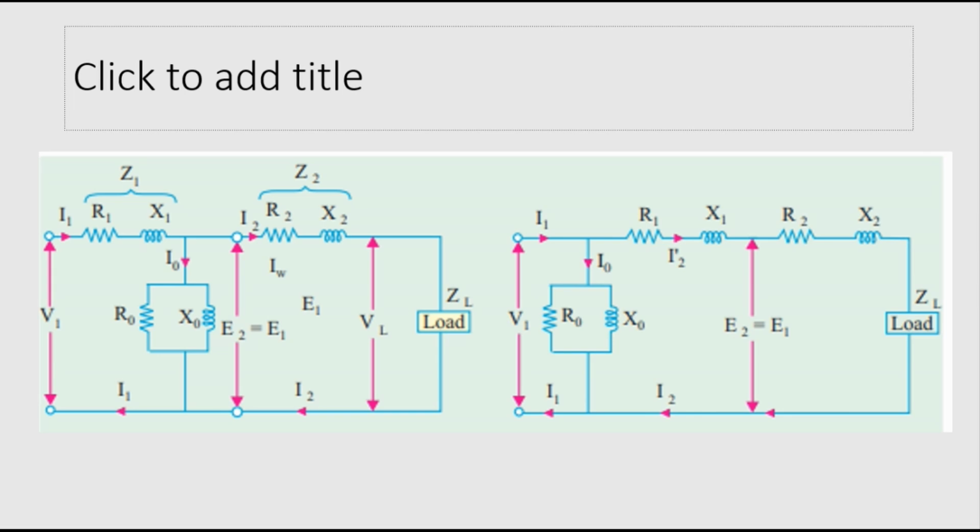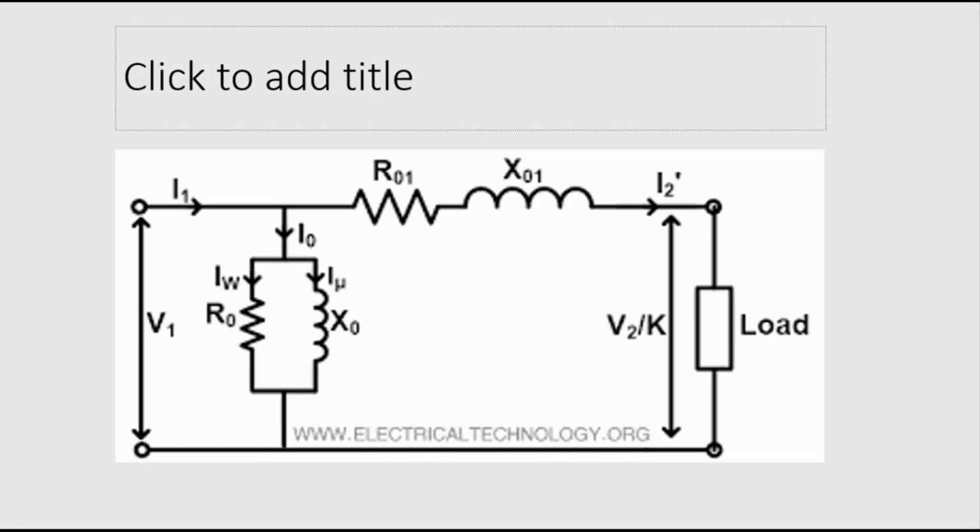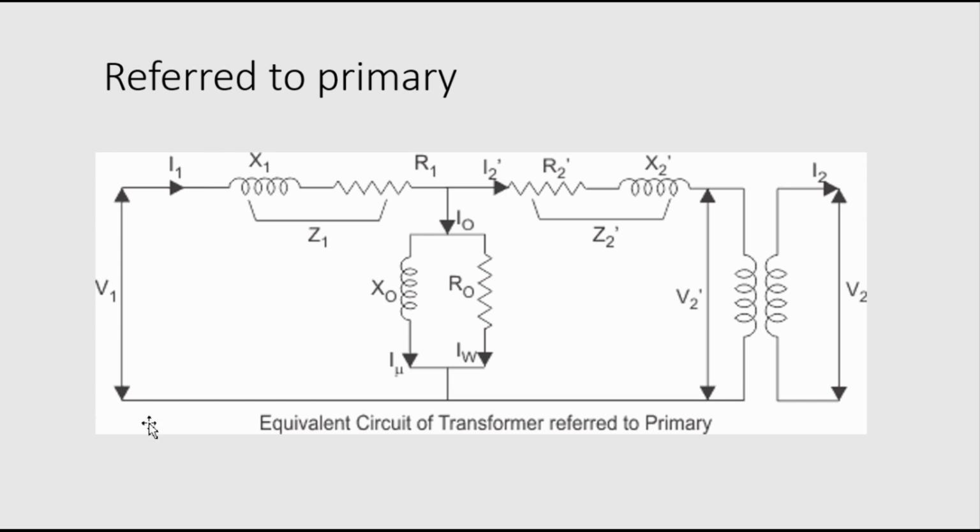So what we can do is modify all this into referred to primary or referred to secondary kinds of phasor diagrams, and we'll make some approximate equivalent referred to primary or secondary diagrams.